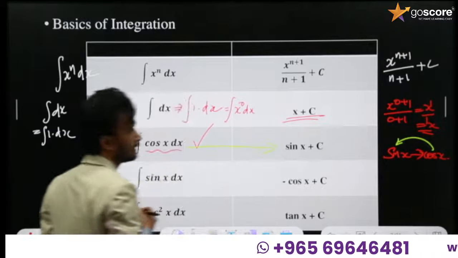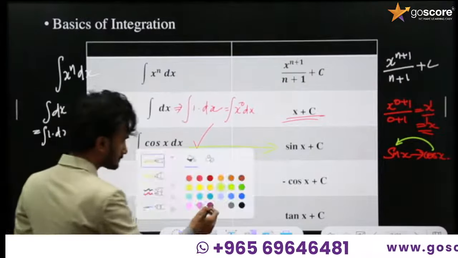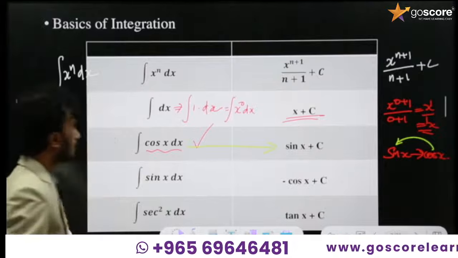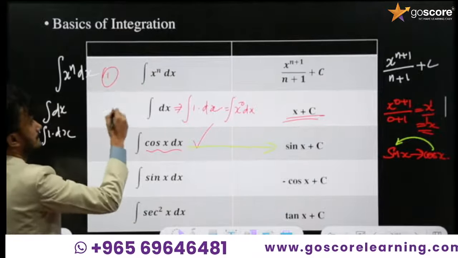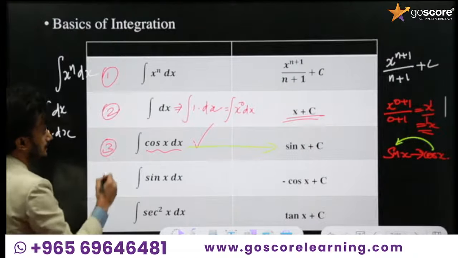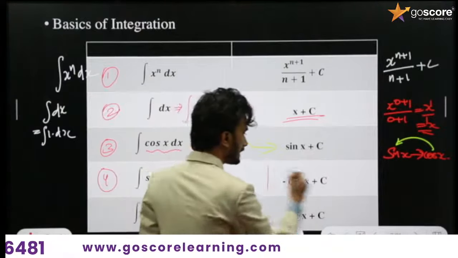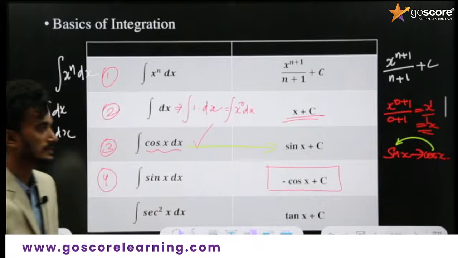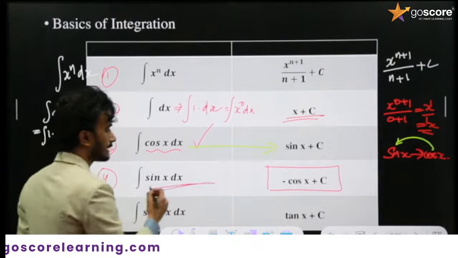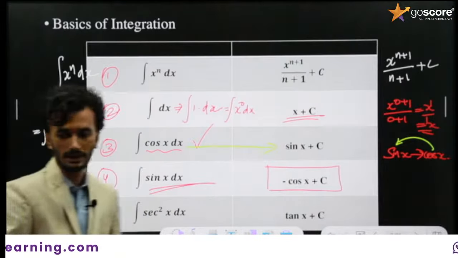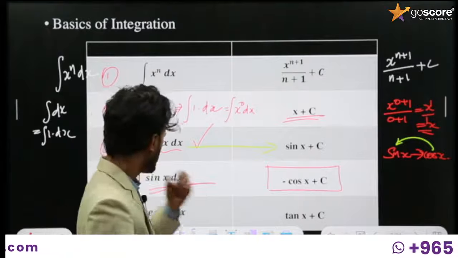So we will get the result like this. Next, fourth one. So first one, second, third, fourth. Integral of sin x is minus cos x plus c.